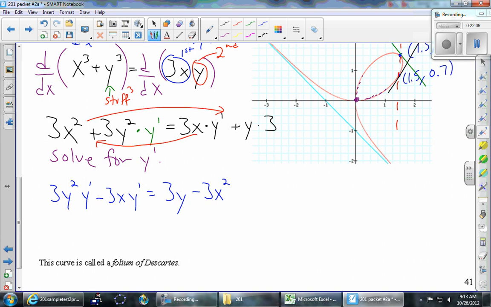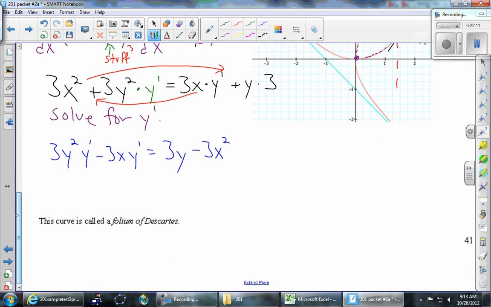Okay, now that we've got all the terms with y prime on one side, what can we do? We can factor it out. That's why we put all the y prime terms here and everything without over there, so that we can factor y prime out of both. So go ahead and pull a y prime out, and figure out what's left. So what's in the parentheses?